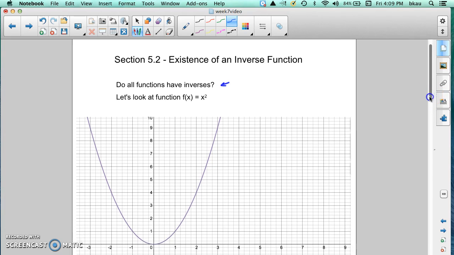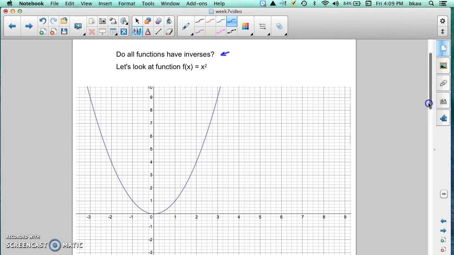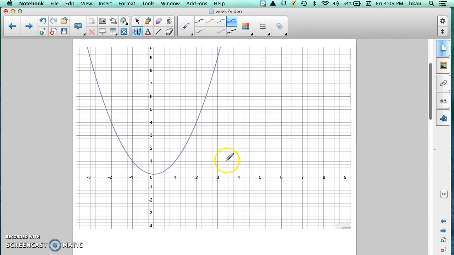To create an inverse, we need to swap the x and y values. So that's what we're going to be doing here. We'll start at the center, or the vertex of this graph. 0, 0 stays at 0, 0 when we swap it.